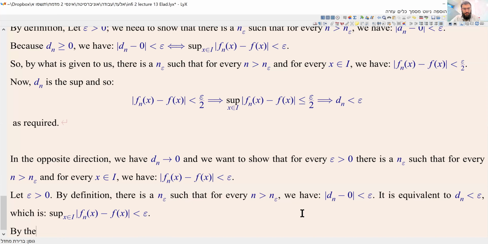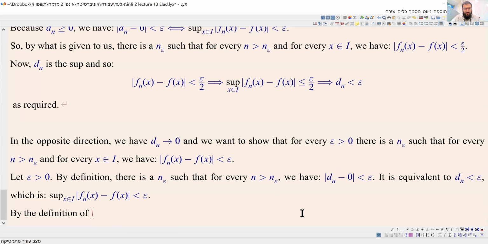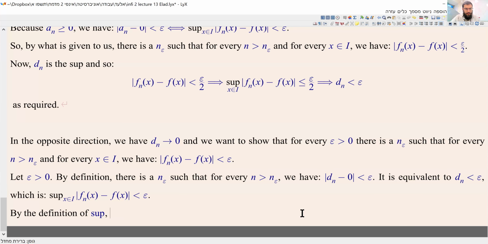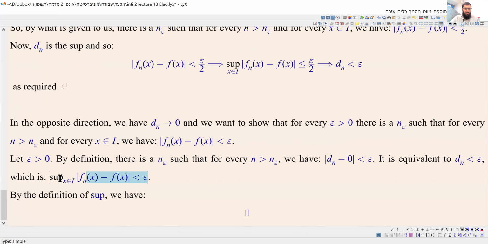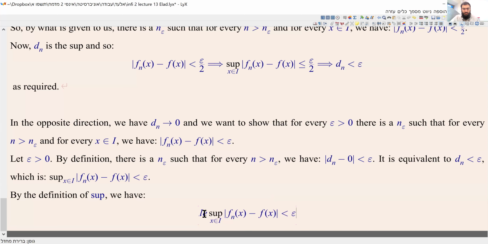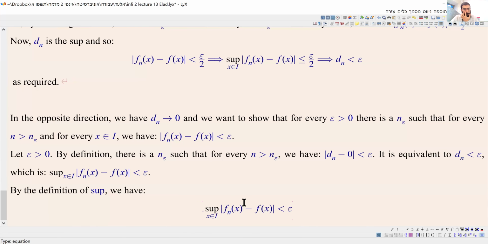By the definition of supremum, this one is greater or equal to the difference without the supremum, which means that fn of x minus f of x is smaller than epsilon.